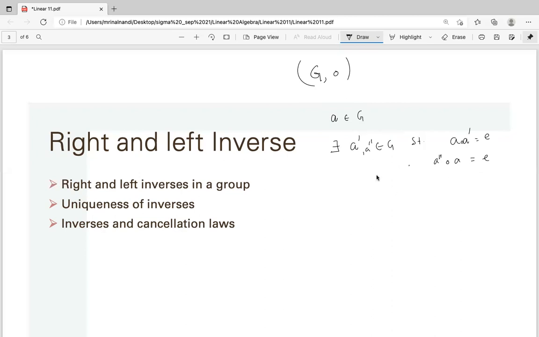Now there may be several right inverses, or several left inverses, and they may not be unique. But if both right and left inverse exist, then this must be the inverse, and that is unique.